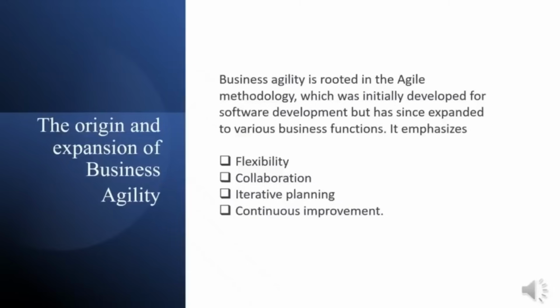So let's talk about the origin and expansion of business agility. Business agility is rooted in the agile methodology, which was initially developed for software development, but has expanded to various business functions. It emphasizes flexibility, collaboration, iterative planning, and continuous improvement.